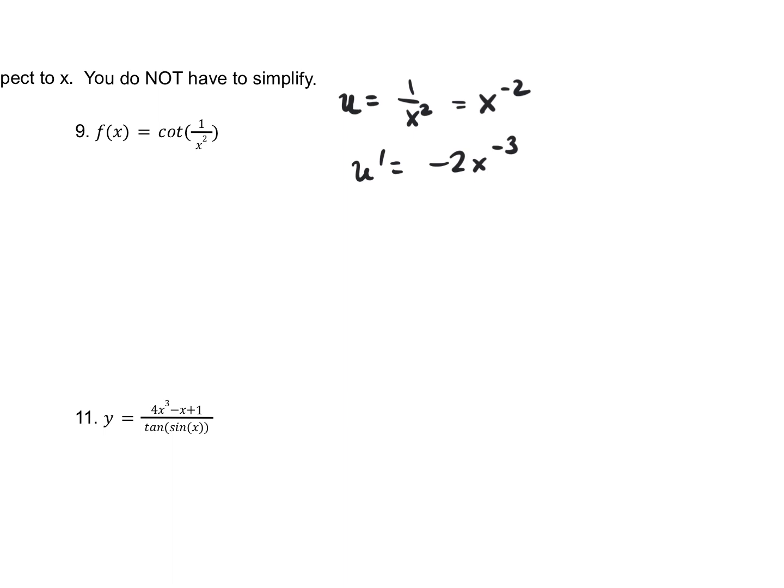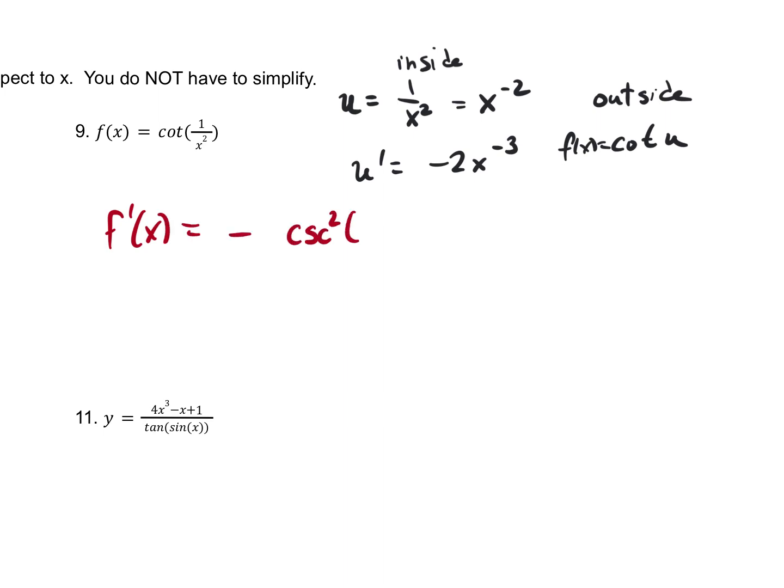So this is our inside function. Our outside function is simply just cotangent of u. So if you recall, the derivative of cotangent is negative cosecant squared of u.